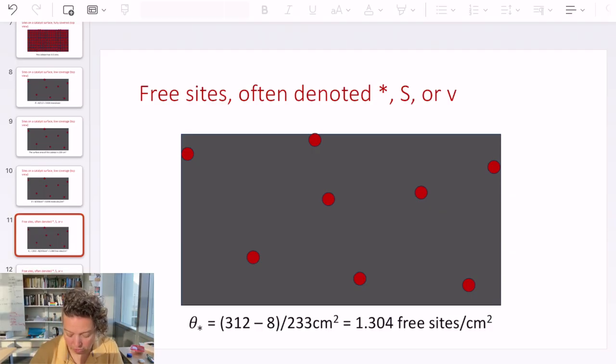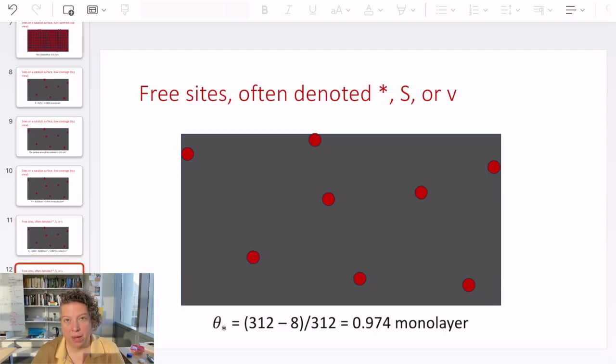So if I wanted to know the coverage of free sites in units of free sites per unit area, I simply take the total number of free sites minus those occupied by this red adsorbate here, taking 312 total sites minus 8 that are occupied divided by 233. That gives me a free site coverage of 1.304 free sites per centimeter squared.